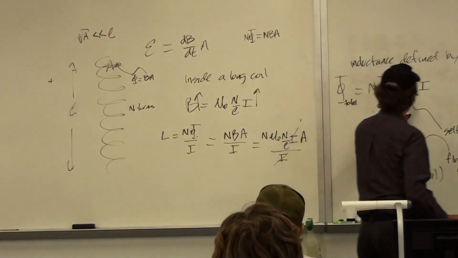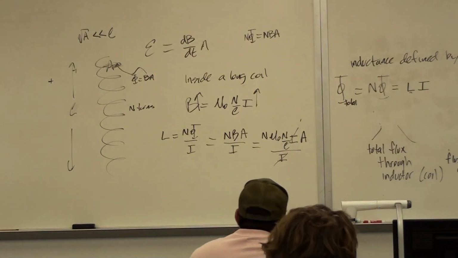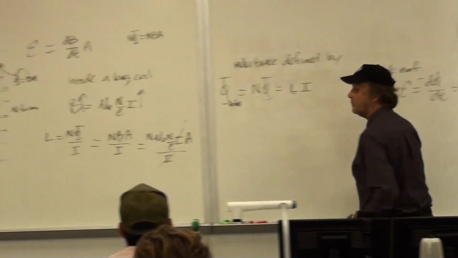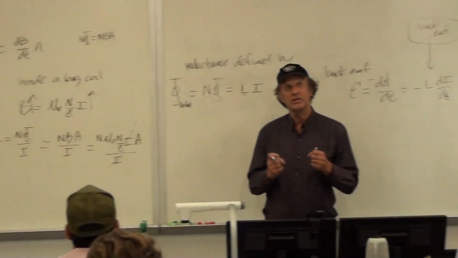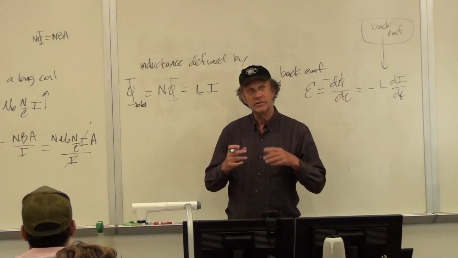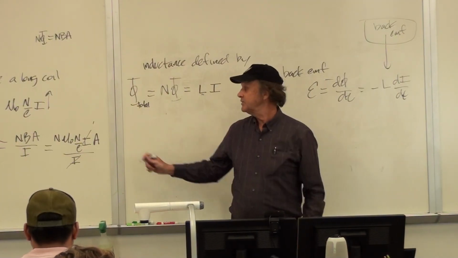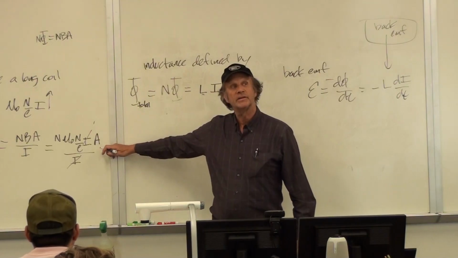We don't want it to be a function of anything except for the geometry of the coils. Just like the capacitance, remember, was not a function of charge or voltage. It was just a function of the area of the plates and the separation between them. This is just something you pull off the shelf. It's got this value.